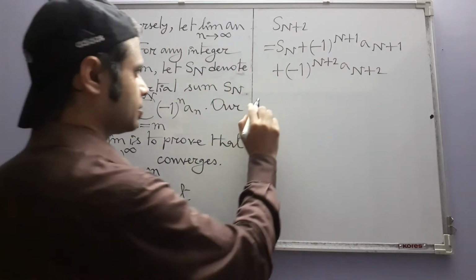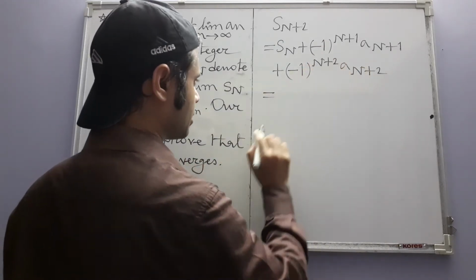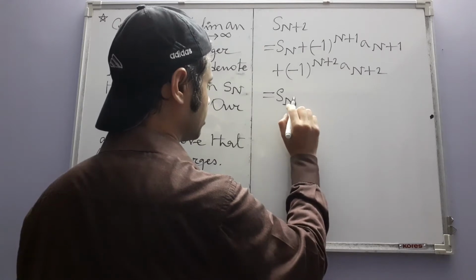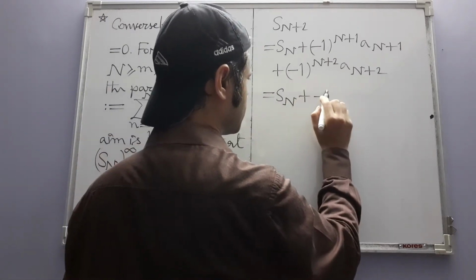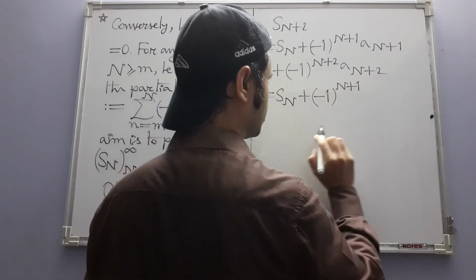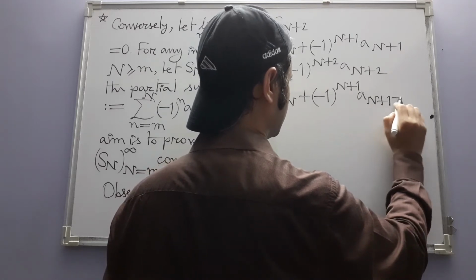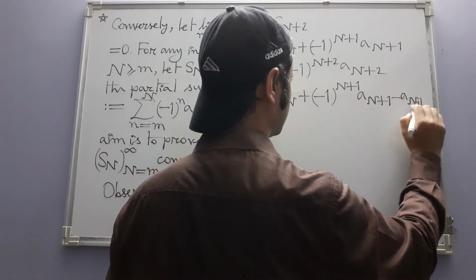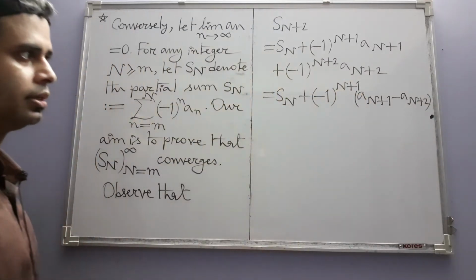Now we can take minus 1 to the power n plus 1 common out of these last two terms and have this equal to Sn plus minus 1 to the power n plus 1 times an plus 1 minus an plus 2, because we have one extra minus 1 here.